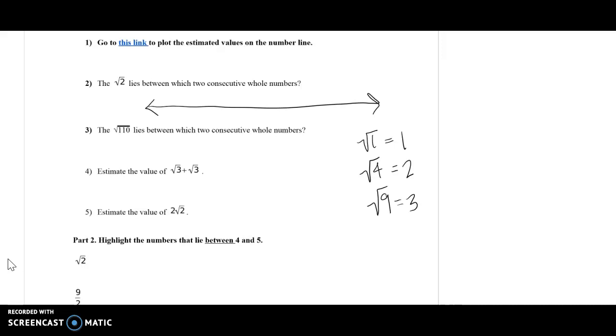So on my number line, I've got 1, which is represented by the square root of 1, and 2, which is represented by the square root of 4, and 3, which is represented by the square root of 9. Well, the square root of 2 is going to be somewhere in between the square root of 1 and the square root of 4. So it's between the consecutive whole numbers 1 and 2. It falls somewhere there.